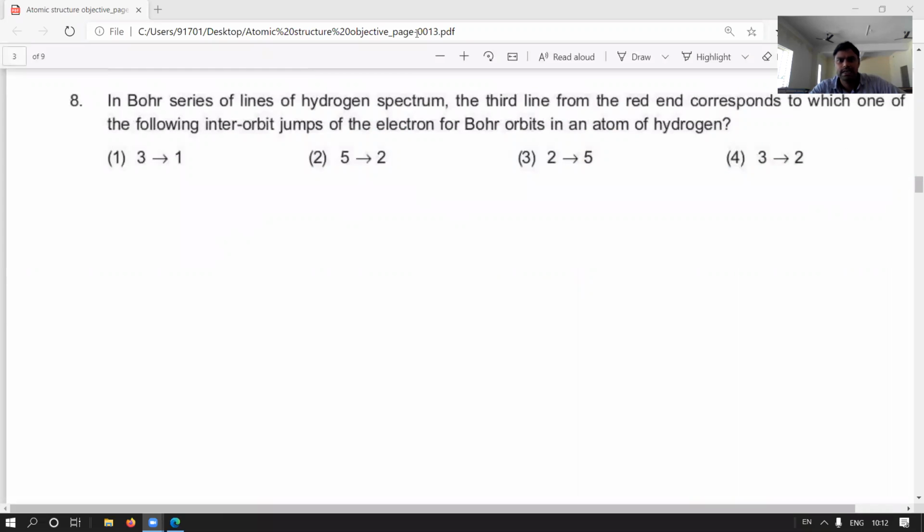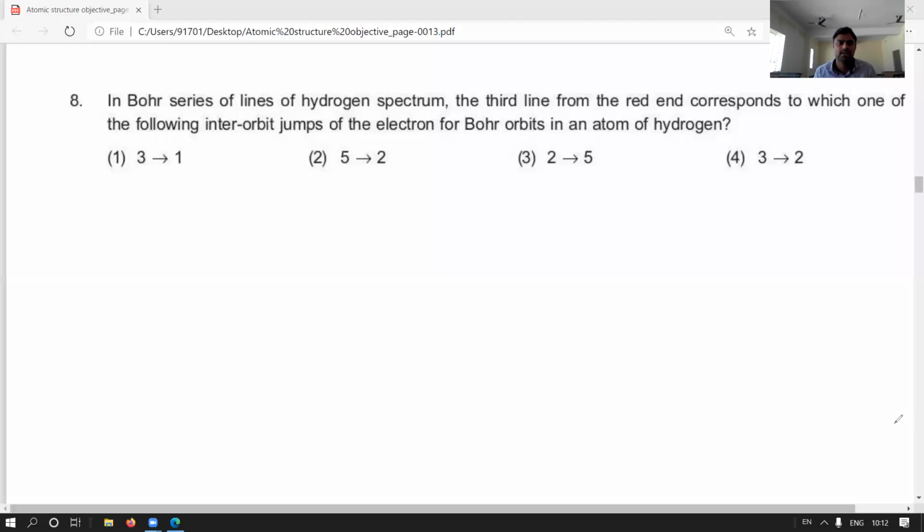It's very easy. Here is one important shortcut. By using that shortcut we can solve this question very easily. Let's see what that shortcut is. In the Bohr series of lines, the hydrogen spectrum, the third line of the red end.